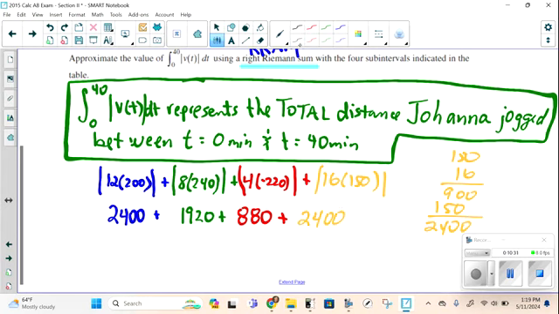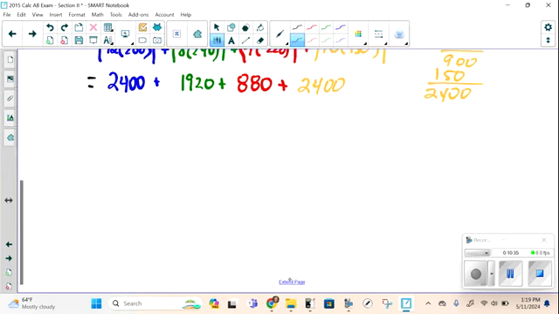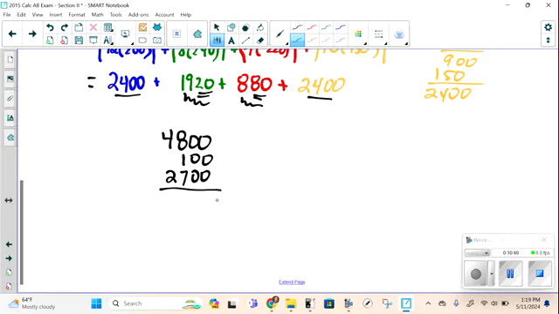All right. So we are at a point where we just got to combine all these things now. 24 and 24 is 4800. 20 and 80 is another 100. And 1900 and 800 is 2700.